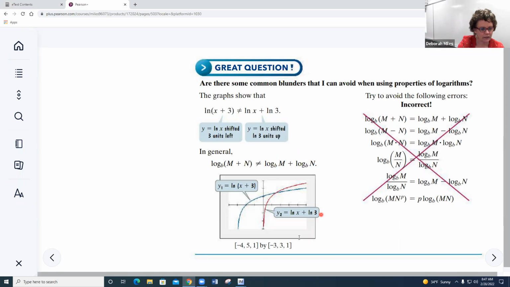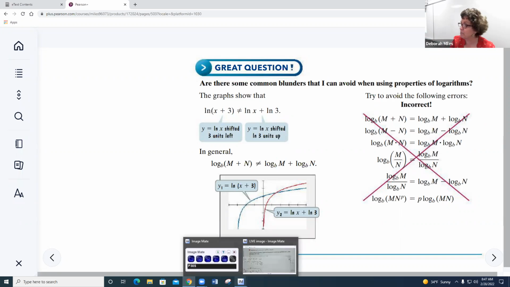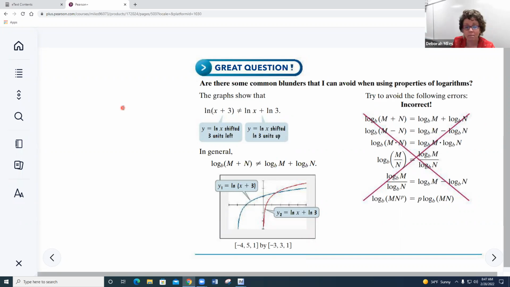Okay, that's all I wanted to show you before we get to some examples. Yes, ma'am. The last one. The last one, gotcha. Yes, I'm glad you pointed that out, Chastity. This last one, log base b of m times n to the p, that exponent p only applies to the n.